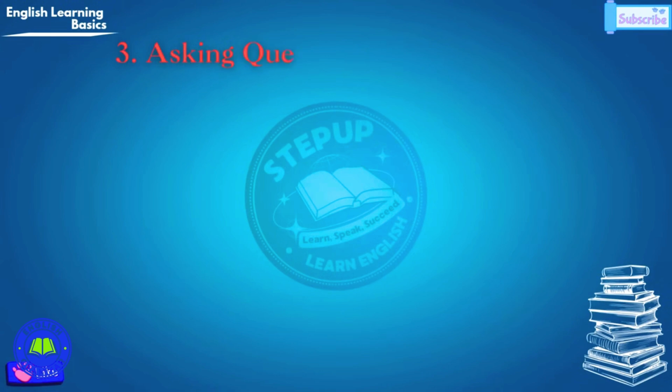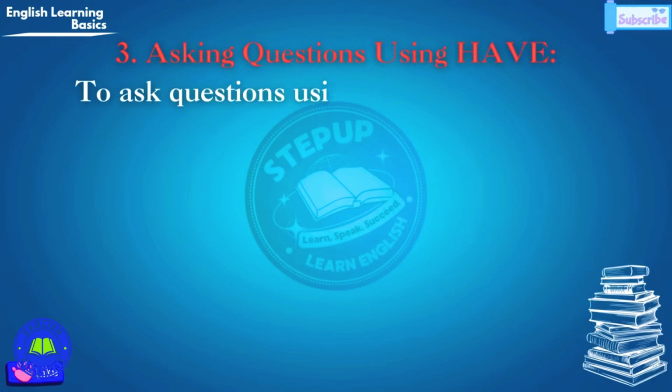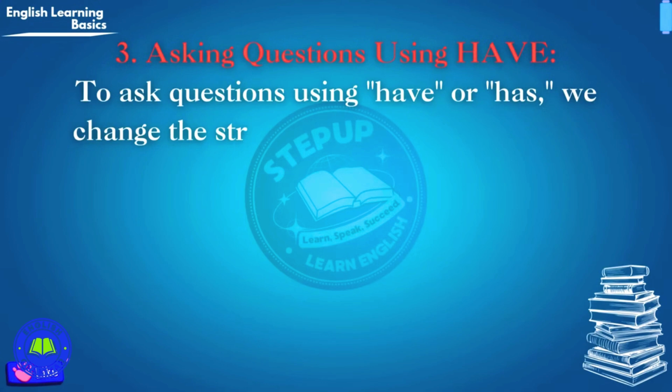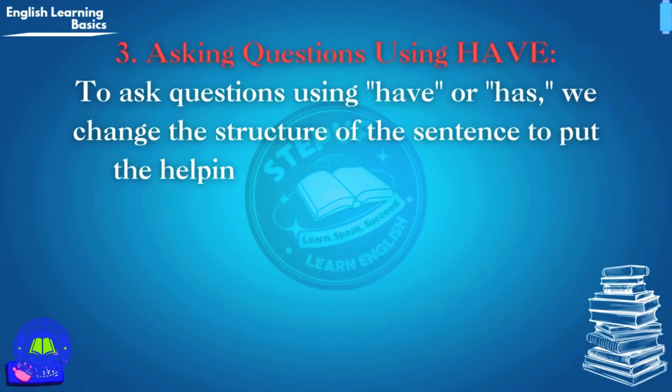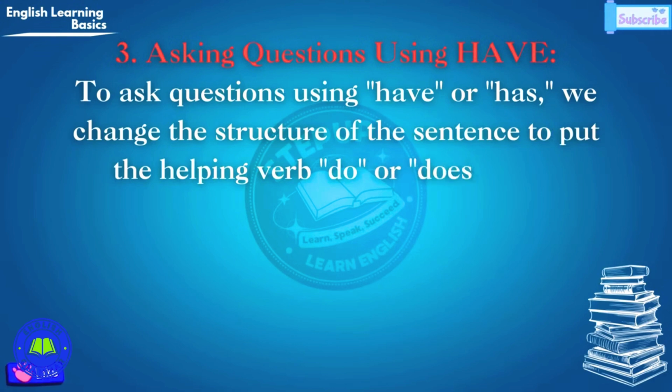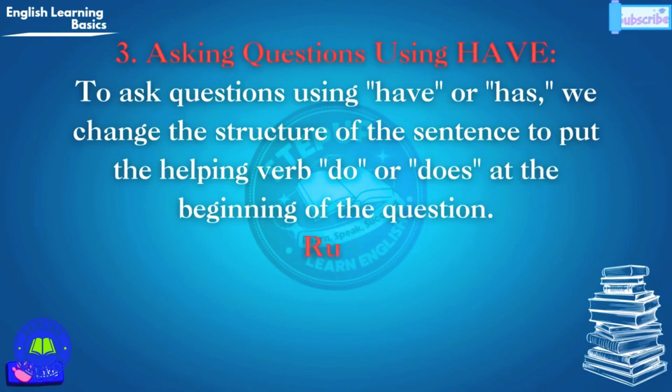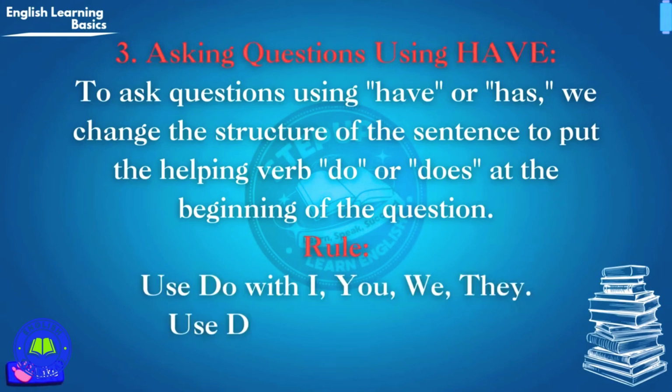3. Asking questions using have. To ask questions using have or has, we change the structure of the sentence to put the helping verb do or does at the beginning of the question. Rule: use do with I, you, we, they.